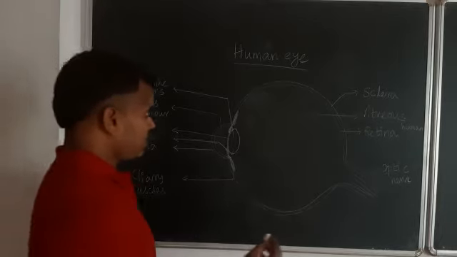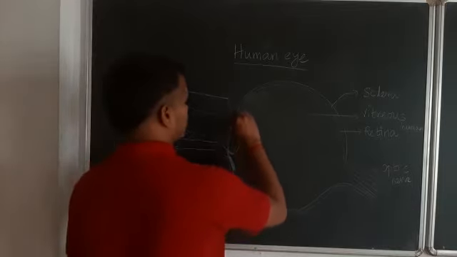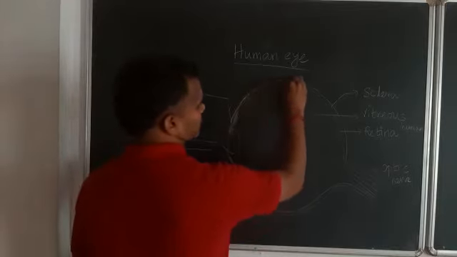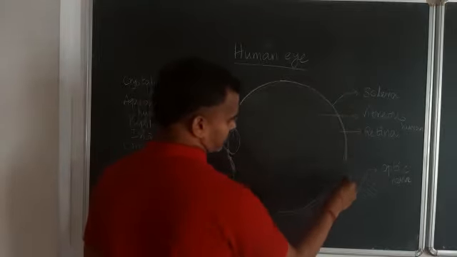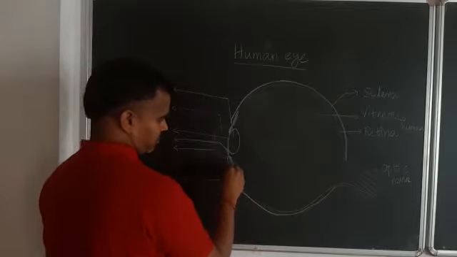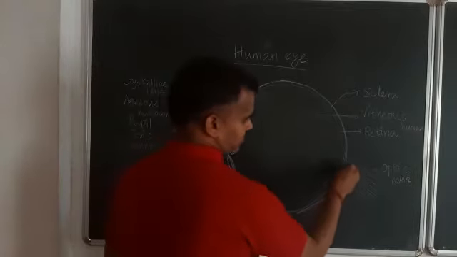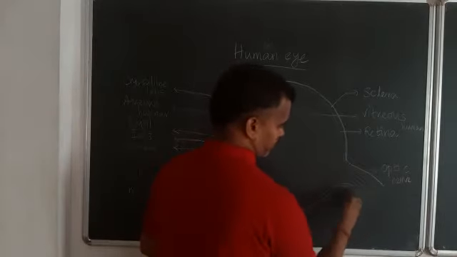To draw a human eye, first you should draw two circles. It is almost spherical in shape. Give some space here, because there is a wide opening.